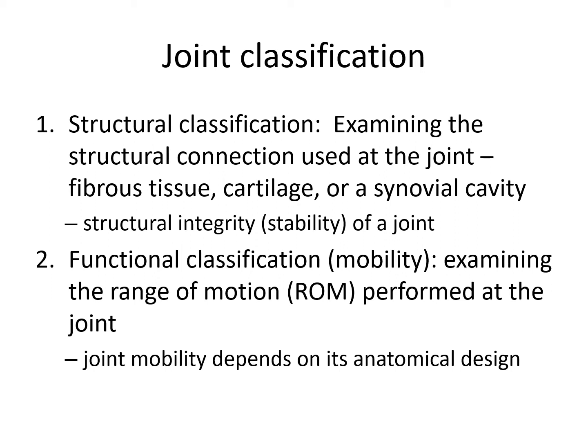The second type of classification is based on the function. It examines the range of motion performed at the joint, which means it examines how mobile the joint is. So in essence, when you look at the joint mobility, you are actually examining how much range of motion could be performed at the joint.